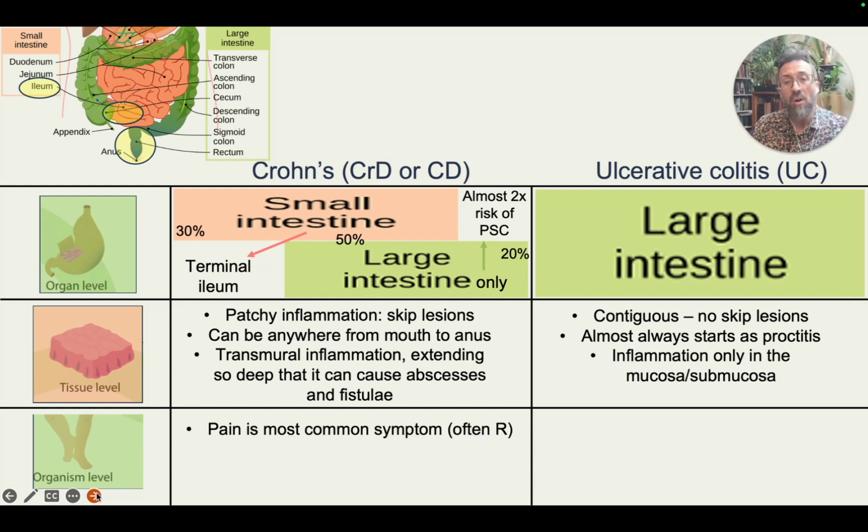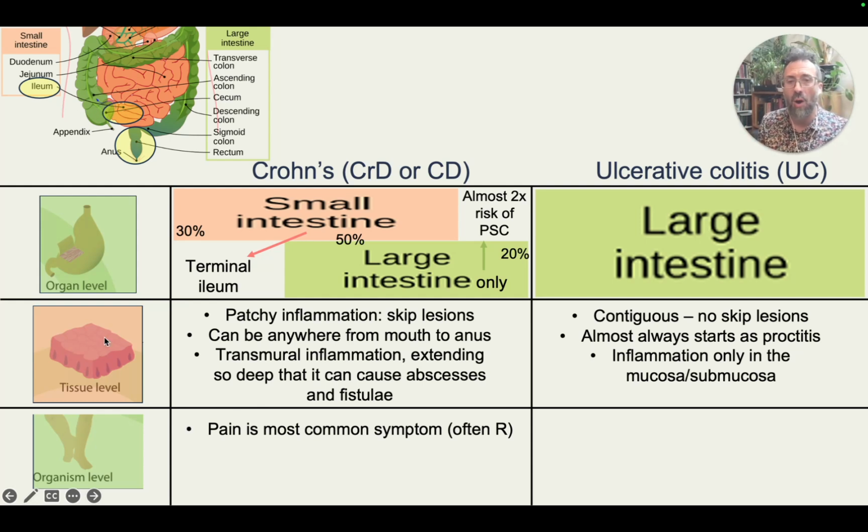And for Crohn's, at the organism level, pain is the most common symptom. It can be anywhere, but more often right-sided, which makes sense because as you're looking at this on your left, this is the patient's right, because mirror image, they reverse you. So the right side is where we see the terminal ileum here.